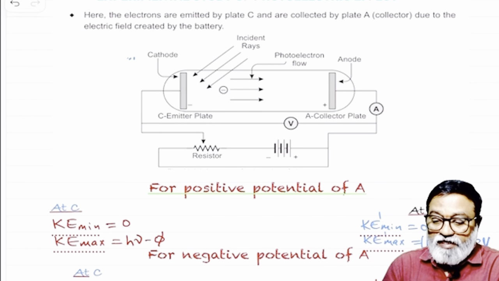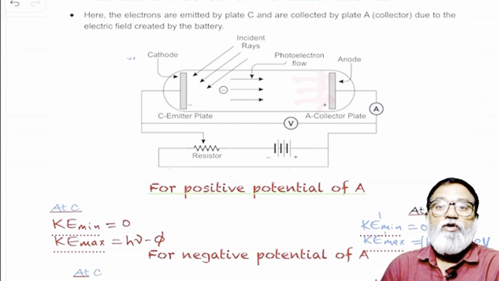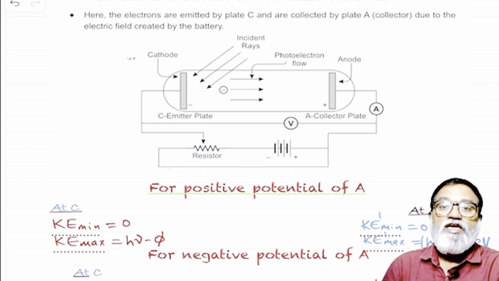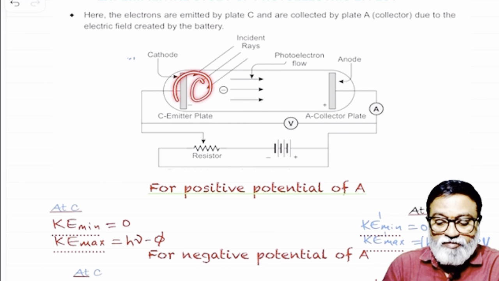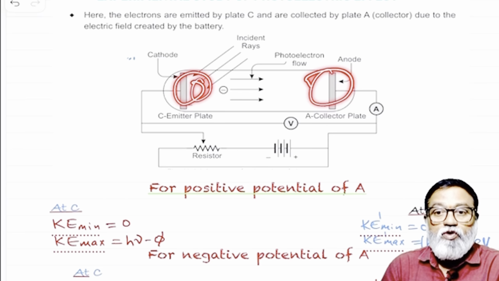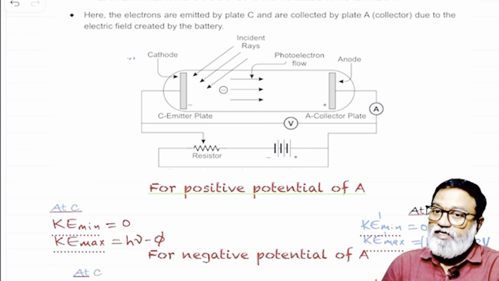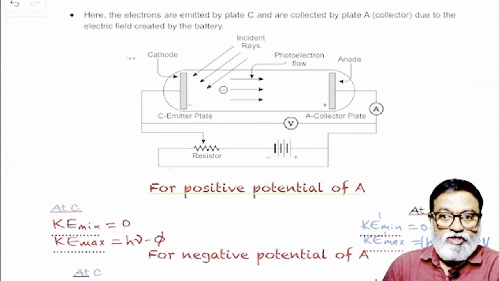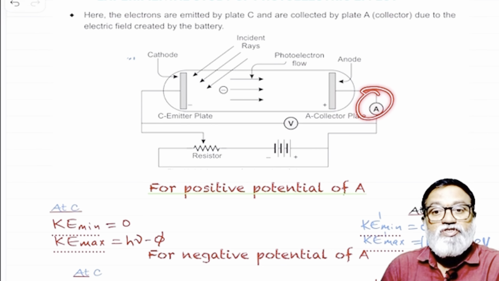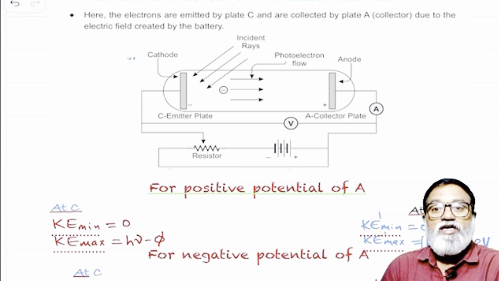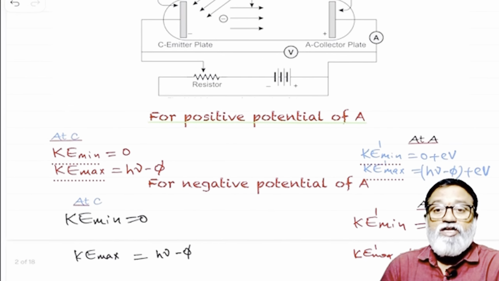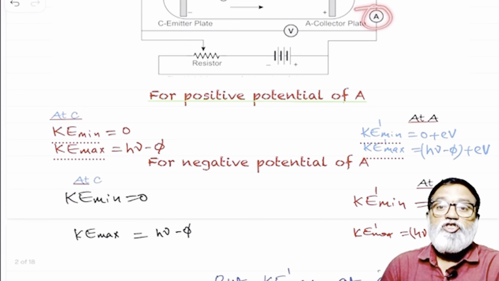At one particular potential, all the electrons emitted from this cathode reach the anode. After that, even if the potential increases, the current becomes constant, and that maximum current is called the saturation current. This is for positive potential of the anode.